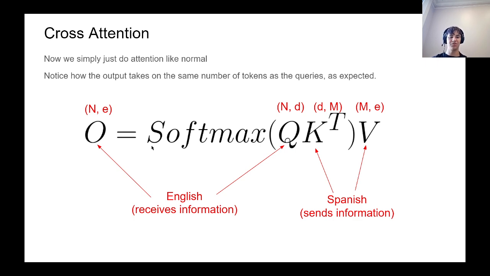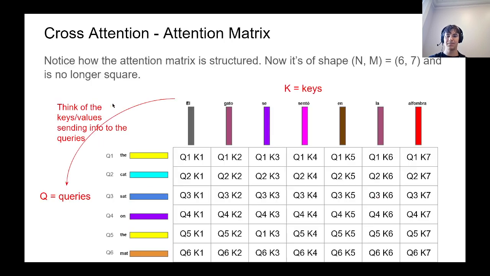Again, queries receive information, keys and values send information. So intuitively, it makes a lot of sense to have keys and values be our Spanish sequence and our queries be our English sequence, because we're translating from Spanish to English, where we want the Spanish sequence to send information to the English sequence. If we had it flipped, so if we wanted English to translate to Spanish, we would have the English sequence be keys and values, and our Spanish sequence be our queries and outputs.